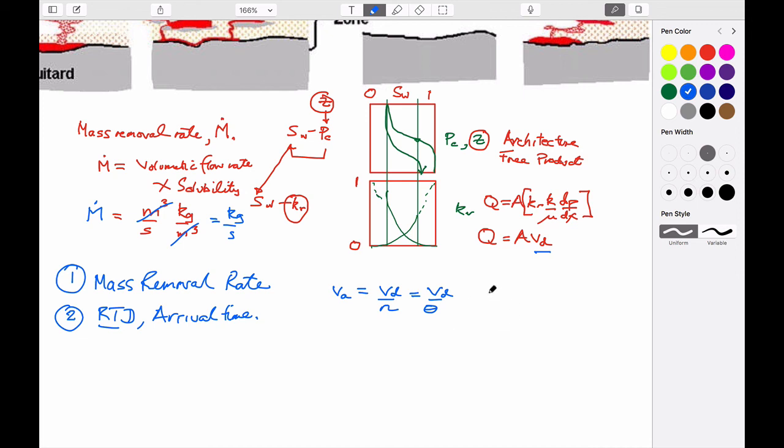If velocity is equal to a length over time, then that gives us two different things. It gives us how far it would go in a given time, which by just rearranging would be that the length traveled is equal to the advective velocity times time, or the time of arrival would be equal to the length divided by the advective velocity. Just rearranging the units of velocity as length over time.